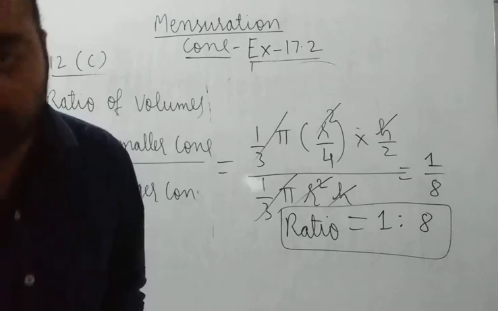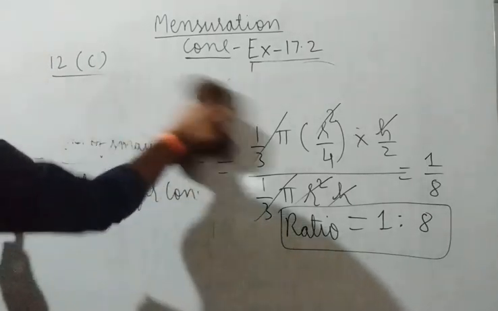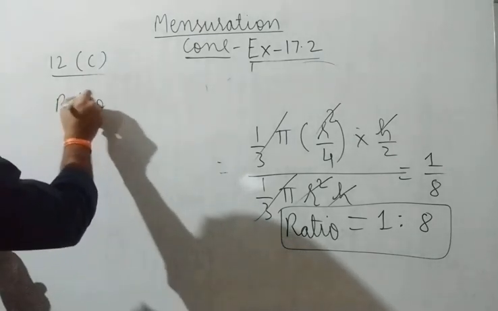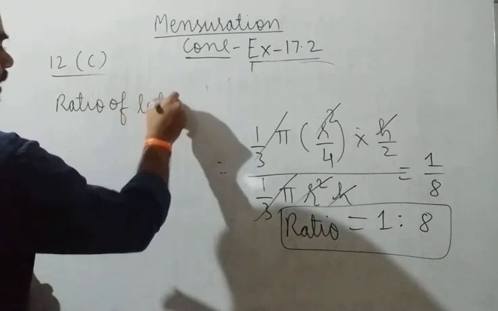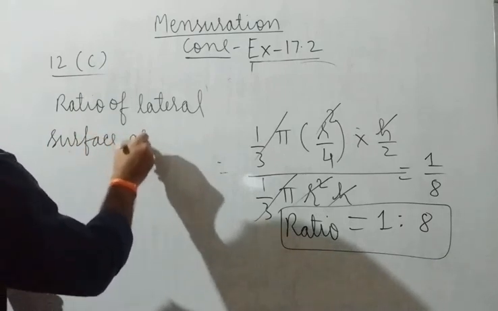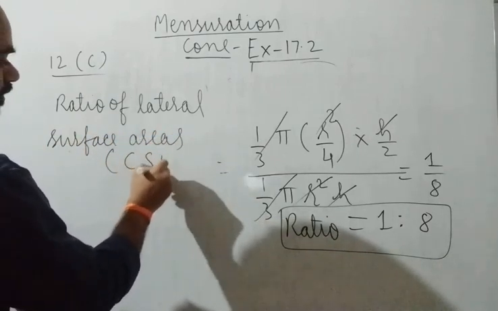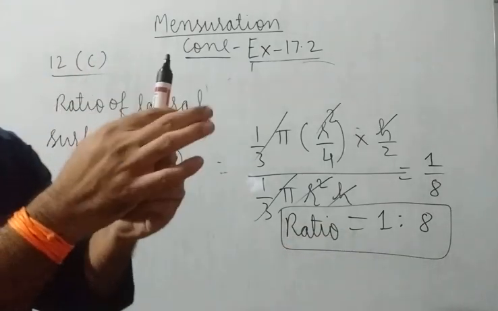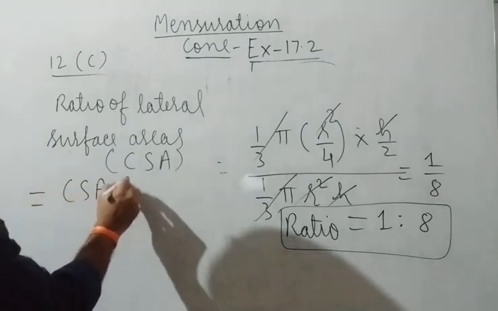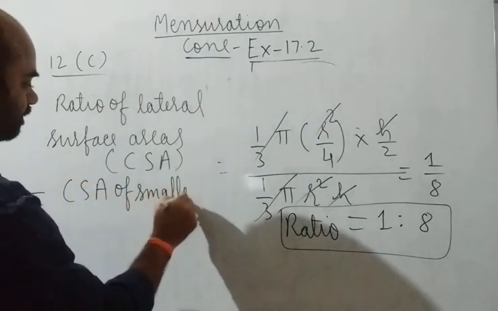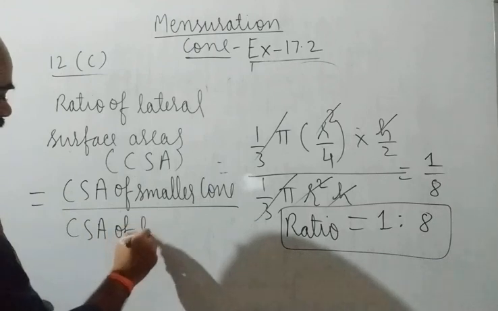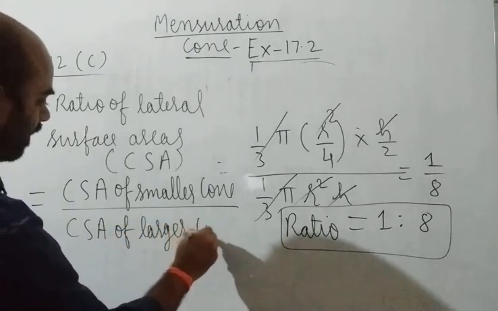Ratio of their lateral surface areas. Lateral surface areas means curved surface areas. It means ratio of curved surface area: curved surface area of smaller cone upon curved surface area of larger cone.